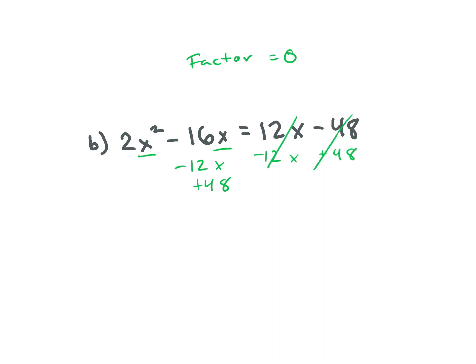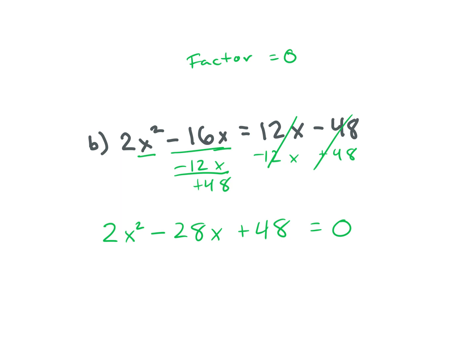So make sure you're just combining the like terms together. So I have 2x squared. What's negative 16x minus 12x? Negative 28x plus 48. So now that it's equal to 0, we can factor. How can I factor this?